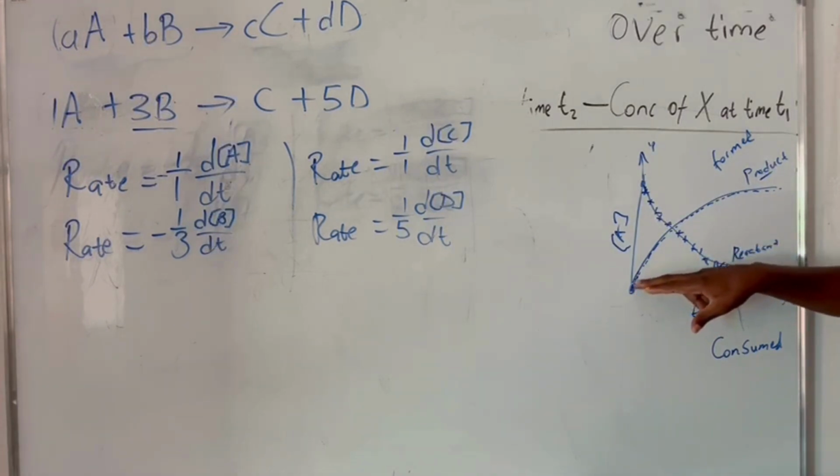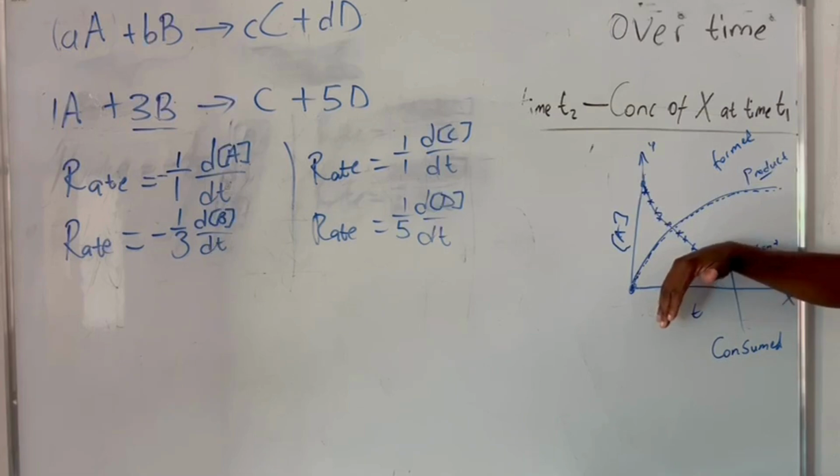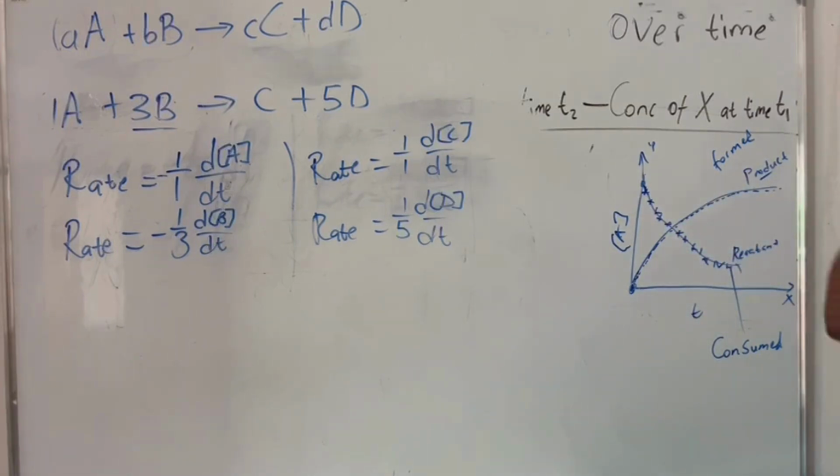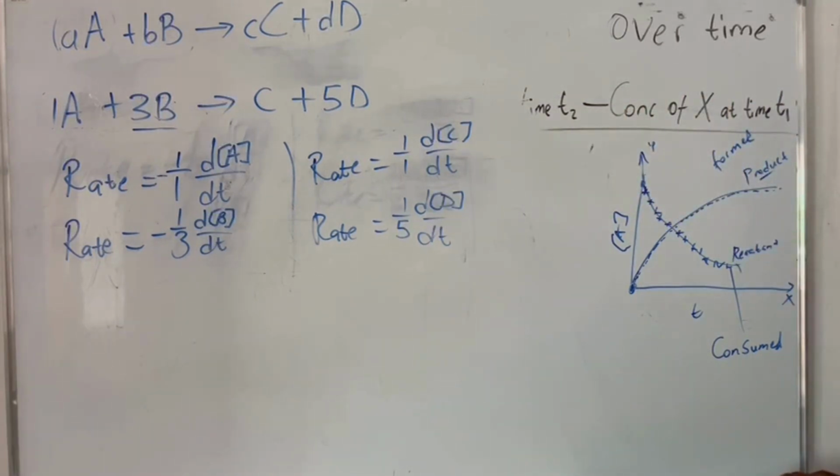When we started, the product is at 0, but somewhere, somehow, it is associated with gaining or formation of something or curving up or increasing. It is associated with those kinds of things. So that's why we write it like that with a positive.